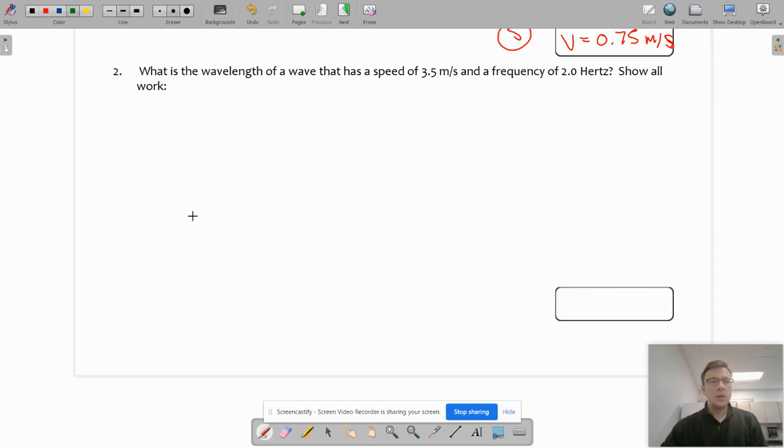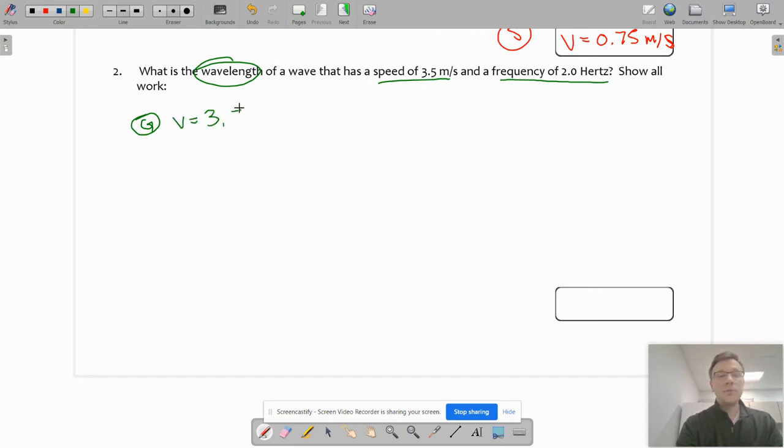Okay. Number 2, what is the wavelength of a wave that has a speed of 3.5 meters per second and a frequency of 2 hertz? So for our G step, we have the speed here, which is 3.5 meters per second.